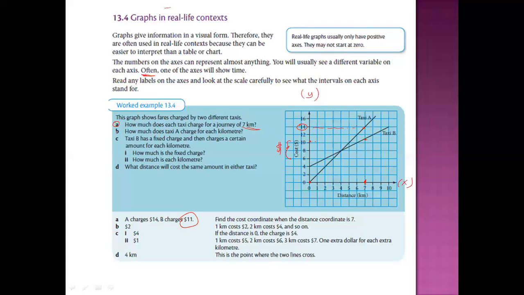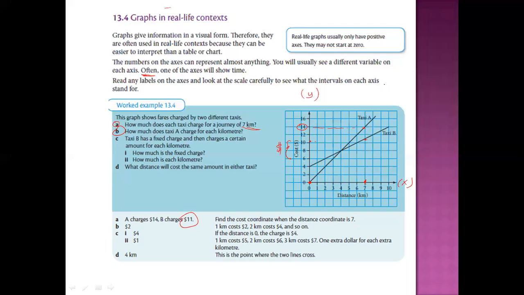Second, option B: how much does taxi A charge for each kilometer? Where is taxi A? It started from $0 from 0 kilometers. How much does taxi A charge for each kilometer? For 7 kilometers the cost is 14.